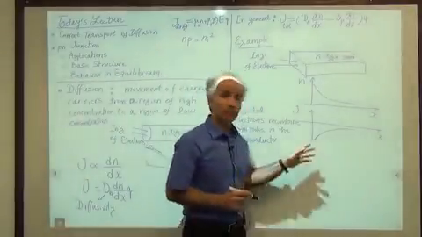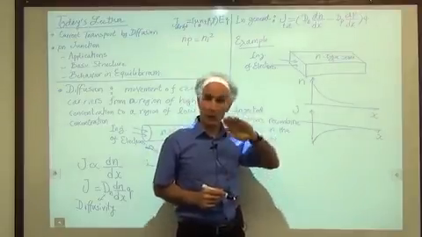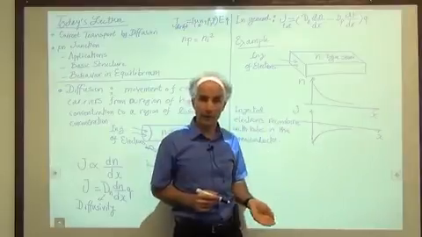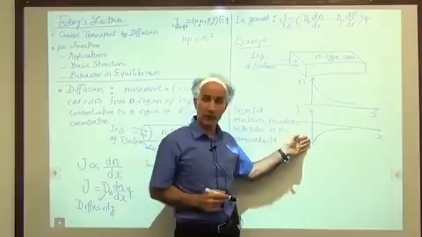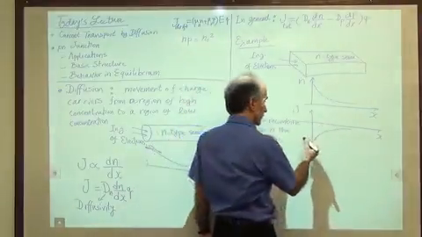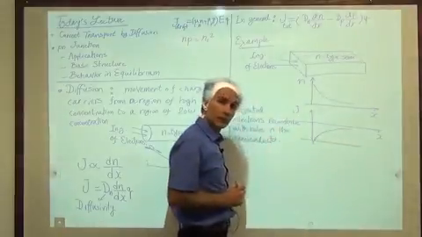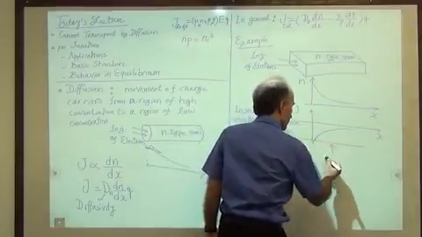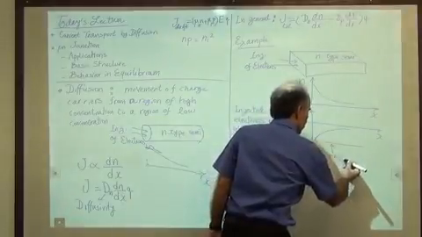Okay, so if we work backwards, if we know that there is no recombination because we don't have that many holes in the semiconductor, then the current carried by electrons has to be constant. It cannot go like this. So the current has to be, for example, something like this. So this is the case of no recombination.